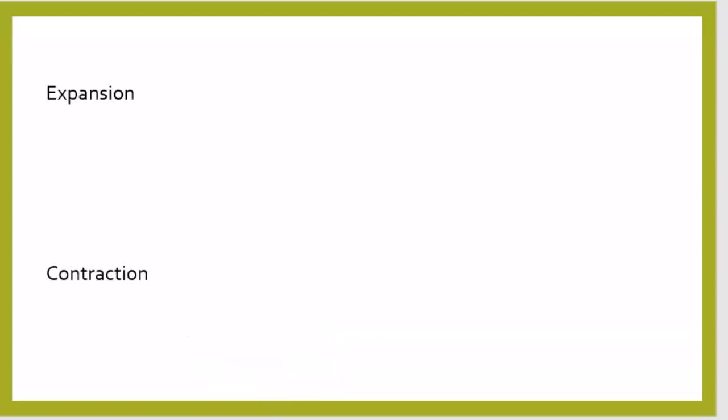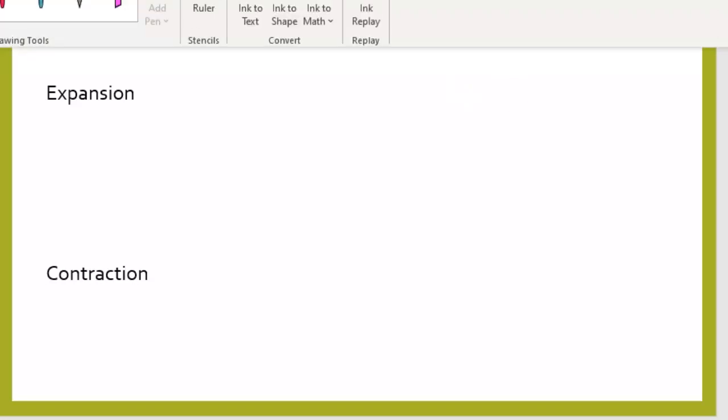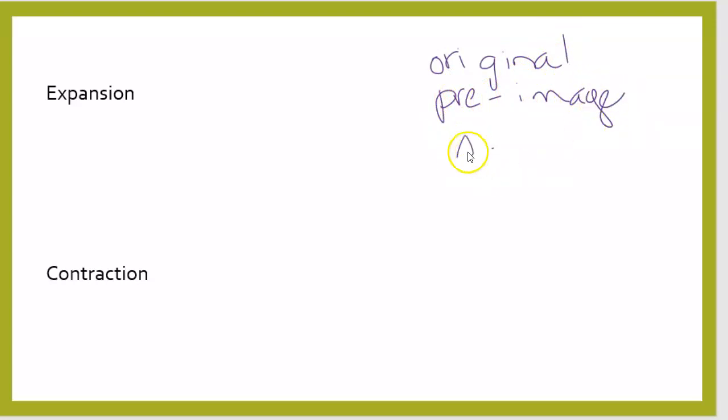Remember I talked about how we can either expand or contract. When you're doing that, you're changing the size of the image. It's a good idea to label it. You're going to have your original shape, which we call the pre-image, and we usually label it with ABC if we're talking about a triangle.